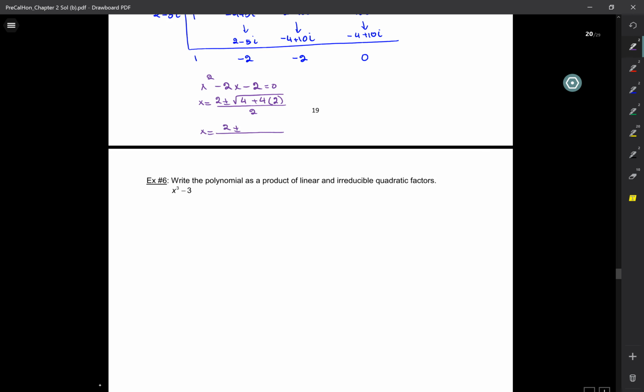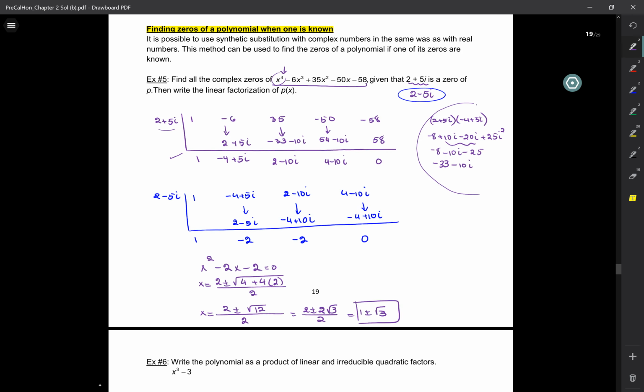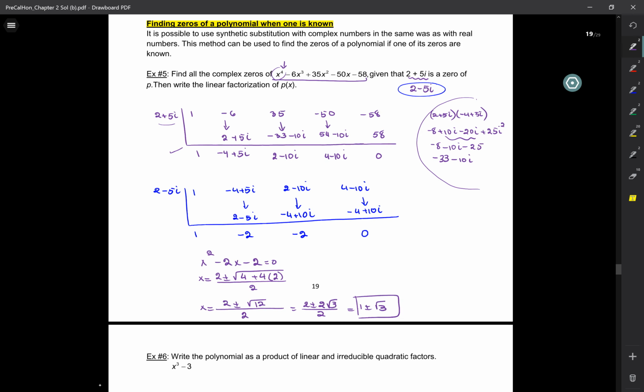This is the square root of 12 over 2. 2 plus or minus 2 root 3 over 2. 1 plus or minus root 3. So there you have it. Those are the other two zeros. So all of the zeros then would be 2 plus or minus 5i, 1 plus or minus root 3.